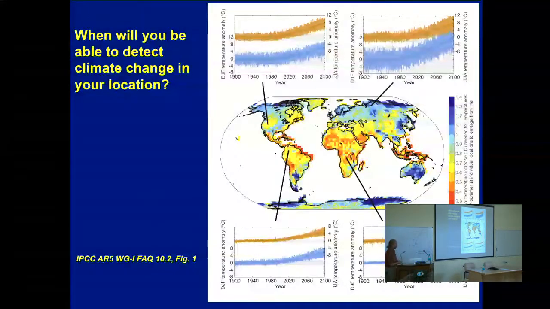So this noise, the width of that band, because it determines whether or not I can detect a change, is an important thing. Okay? Because right now, how do we know what the noise is?